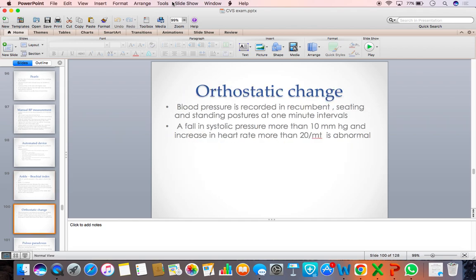Then, what is orthostatic change? When you record the patient in recumbent position, then ask the patient to sit down and also record in standing posture at 1 minute intervals. Then observe the change.